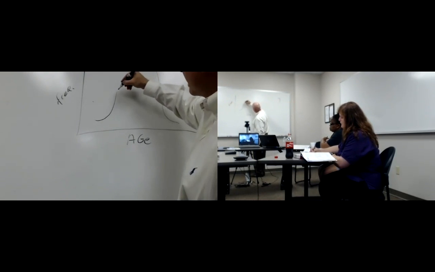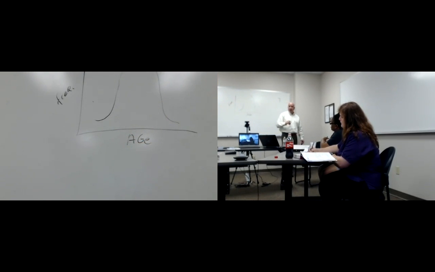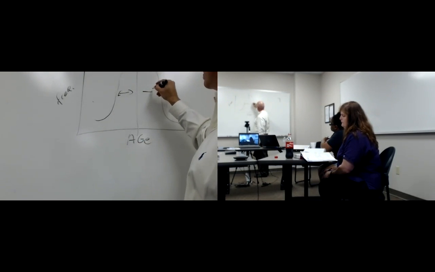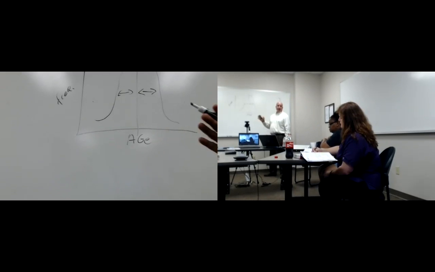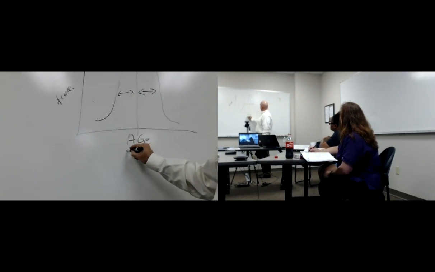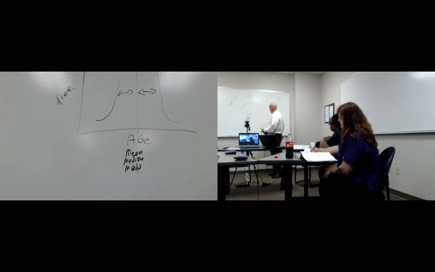I'm not an artist, but let's just assume this is a perfectly symmetrical bar graph. What I mean by that is down the middle, I have equal sides, so it's evenly divided. What can be said about the mean, median, and mode? They should all be equal. So this line is going to be the mean, the median, and the mode.